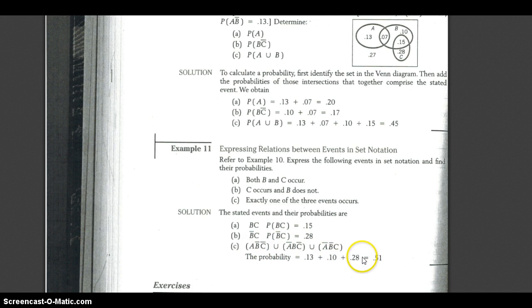And because these three parts are separate, they don't share anything in common, we can add these three probabilities together to get 0.51, and that's the answer for exactly one of the three events occurs.